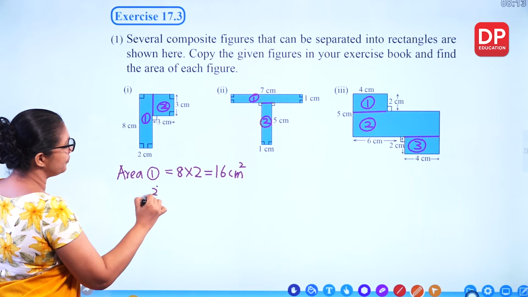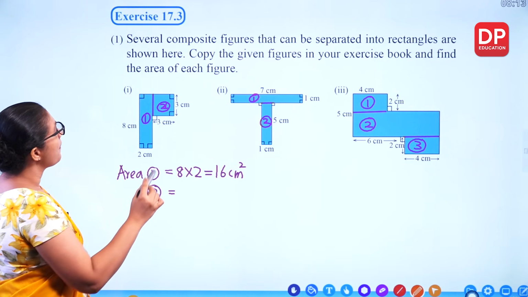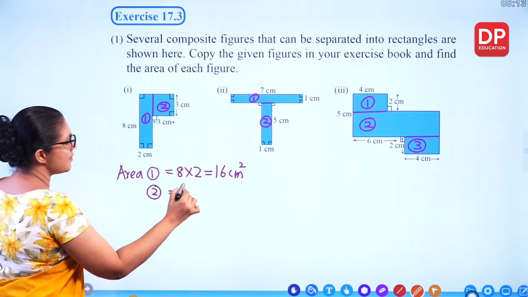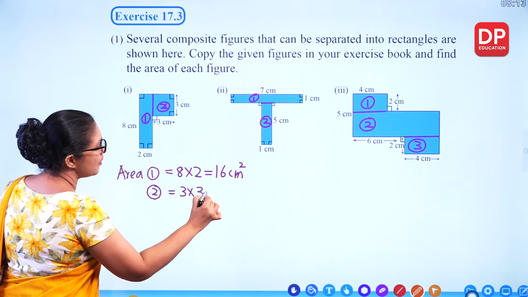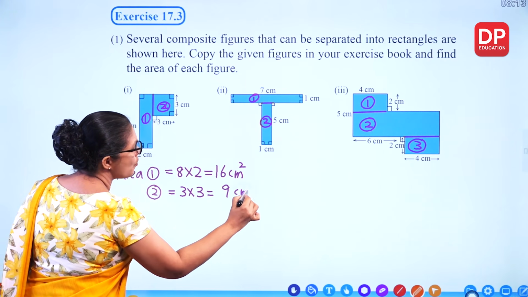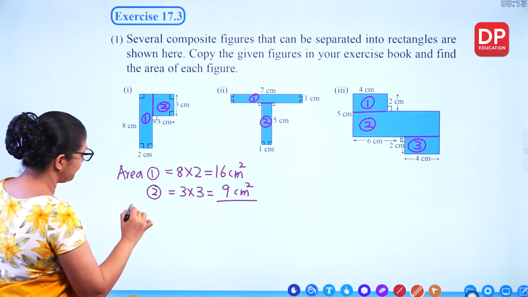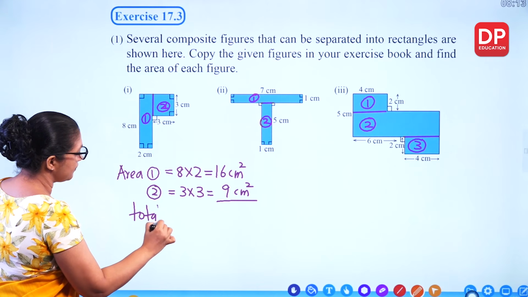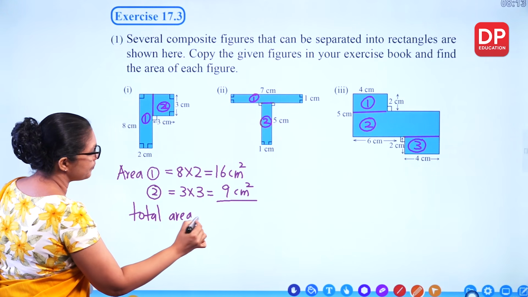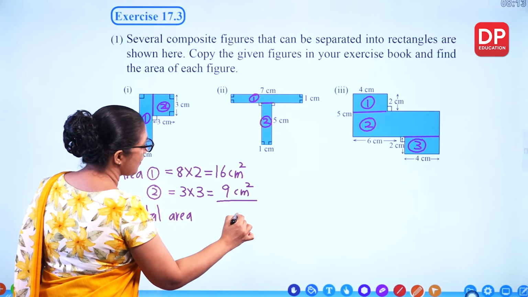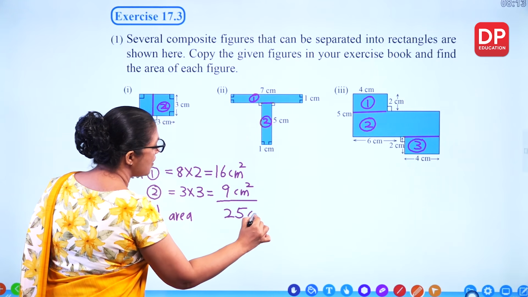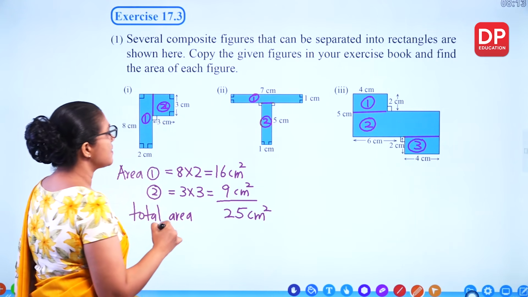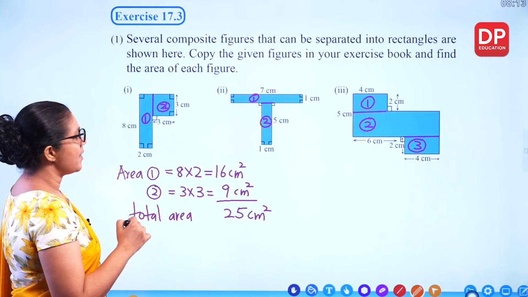Area 2? This is 3, this is 3. 3 times 3. That's 9. So what's the total area? You can add it. 25 square centimeters is the total area.